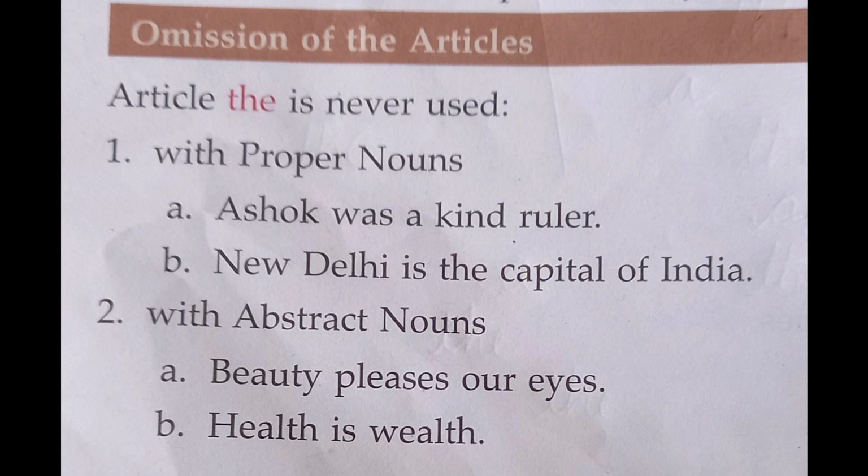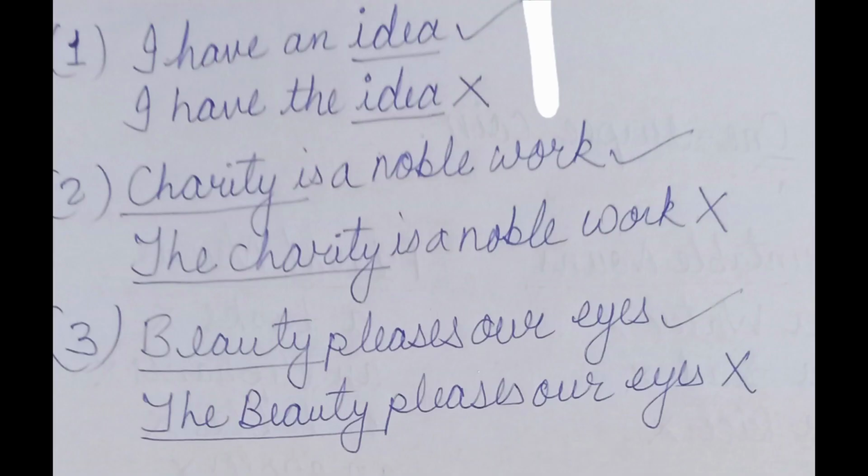Number two, article the is never used with abstract nouns. Let us see some examples. Number one, I have an idea. Here, idea is the abstract noun. Now, if we say, I have the idea, then this sentence will be incorrect. Number two, charity is a noble work. Here, charity is our abstract noun.